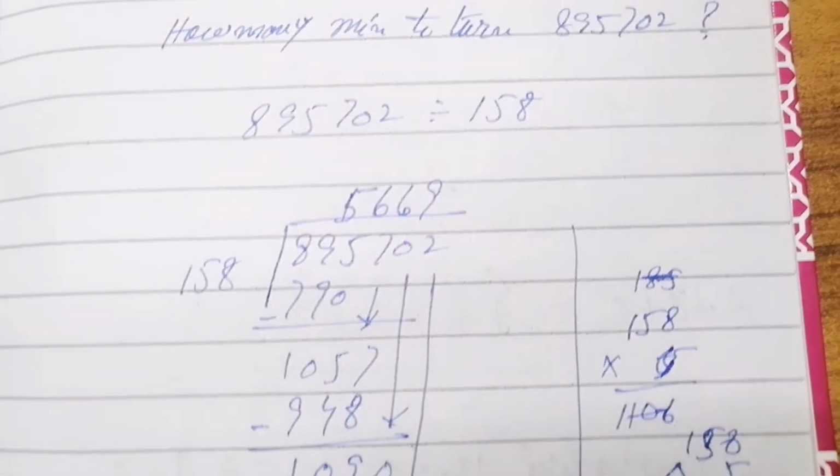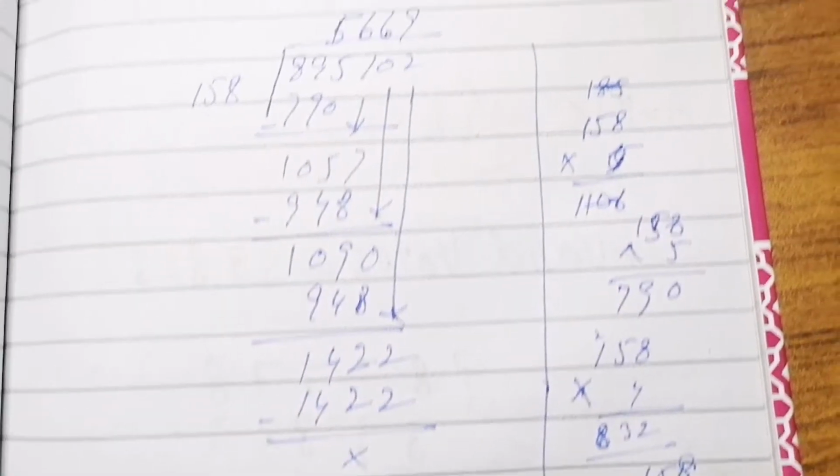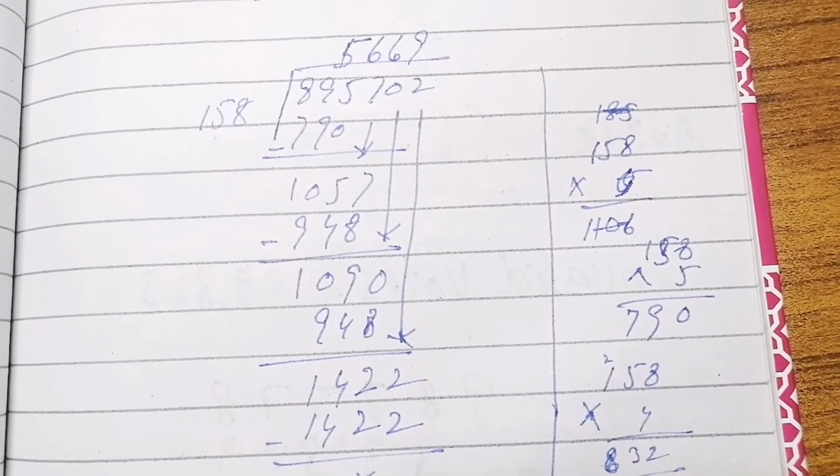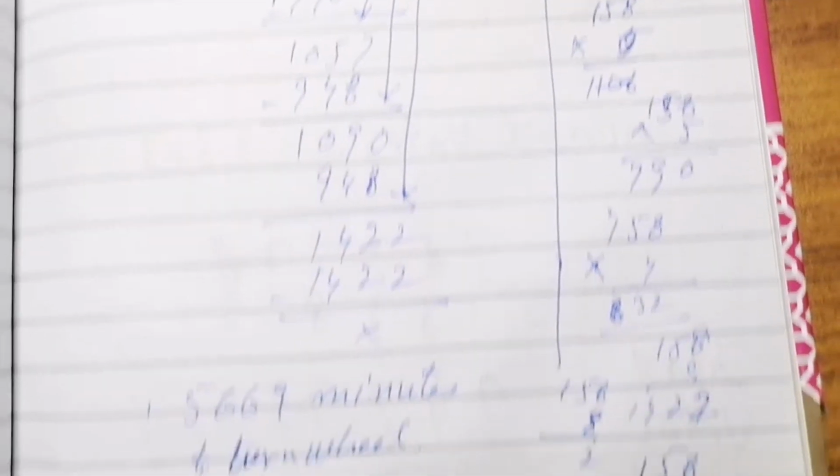So simply divide it, and this will take 5,669 minutes to turn the wheel, right? Question number 8, last one.